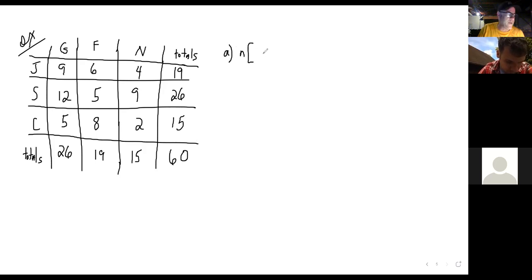So we want the cardinality, our first one, of J intersect G. Now, one thing I want to be able to do is express this in words. Remember, intersection translates as and. So I want them in both sets, this and this. So I want to know the number of players who are in junior high and play the position of guard. And that's right here, these 9.